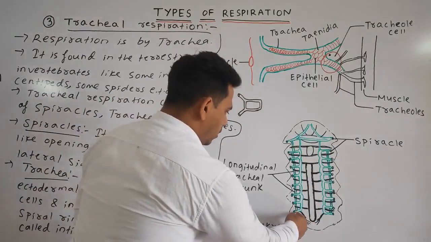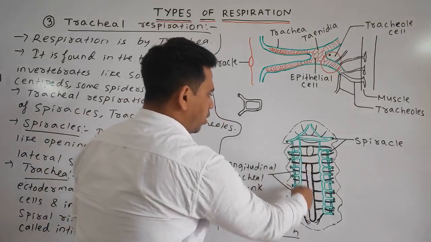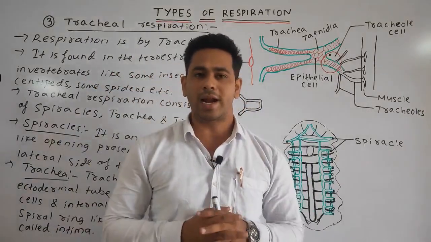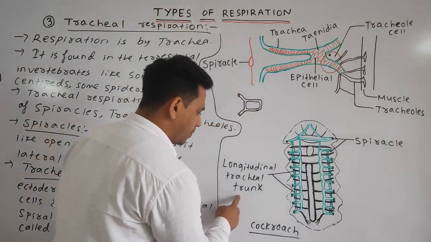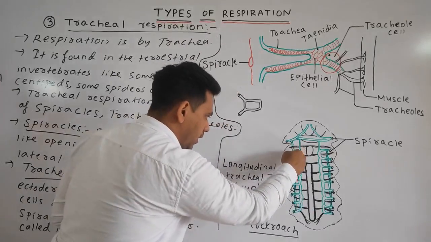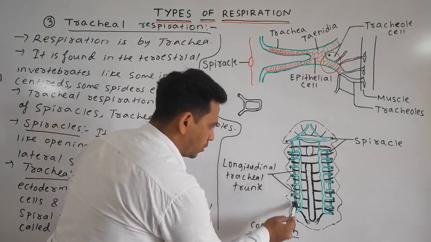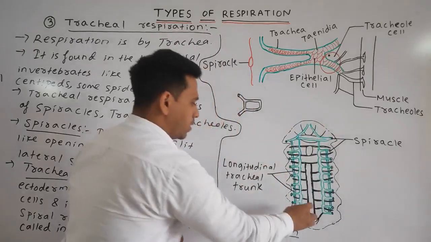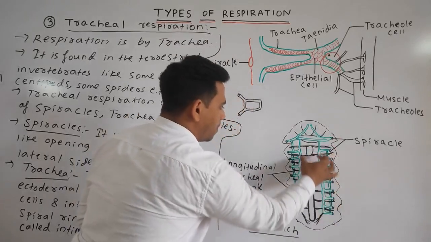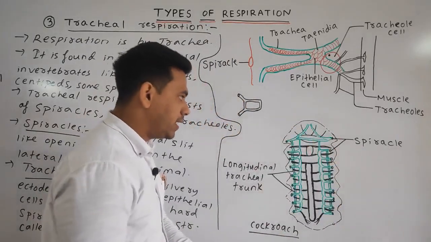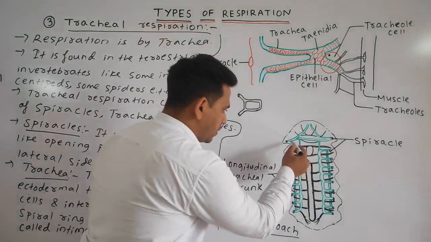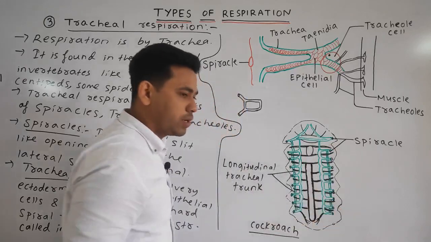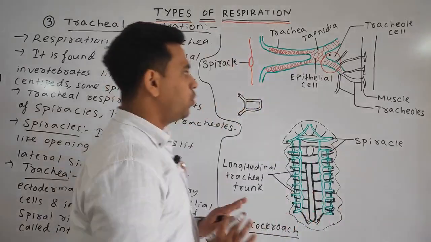All the spiracles are connected, and longitudinal tracheal trunks are found. These form a longitudinal parallel-like structure, connected by the transverse commissure. We will read in detail; I have told you in overview.